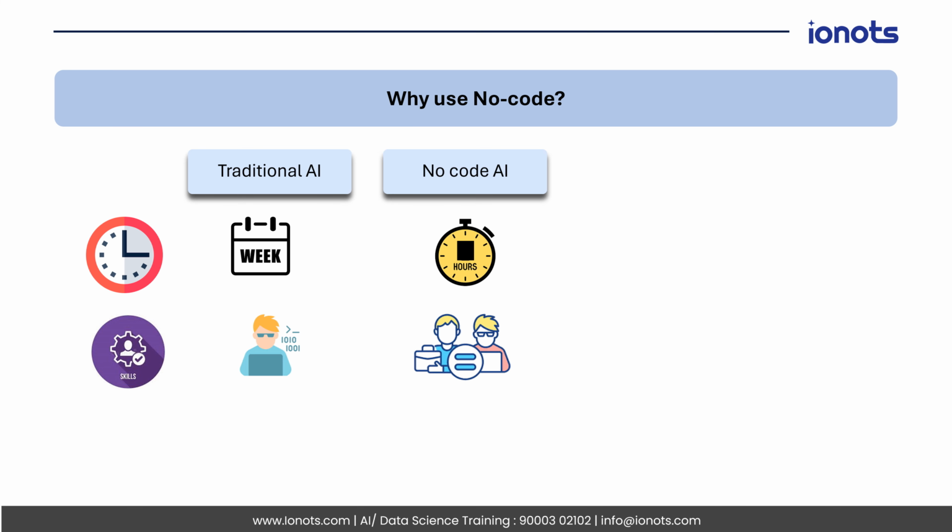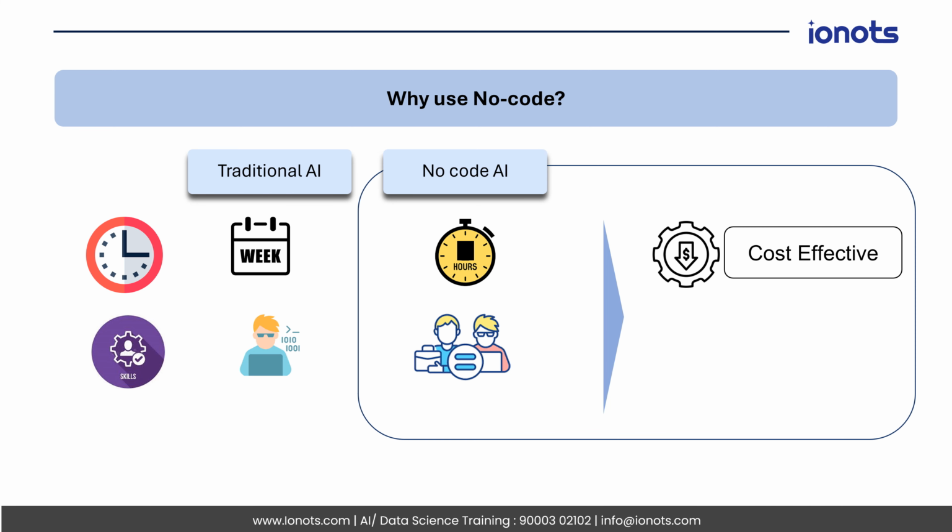So anyone, business owners, students, or marketers, can actually use these tools. If we talk about cost effectiveness, you actually don't need a team of data scientists. Also, talking about scalability, you can deploy AI solutions in real-world applications in no time.